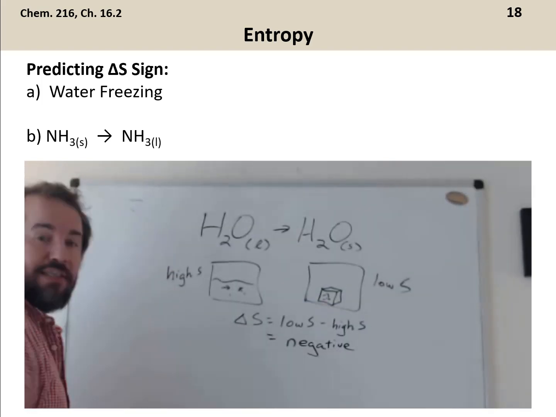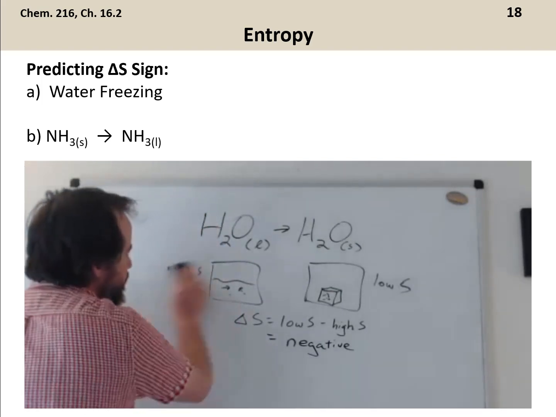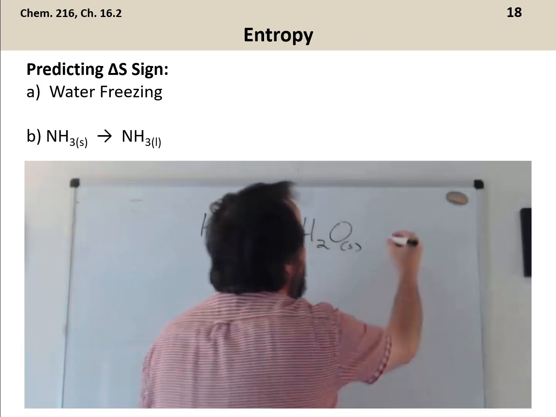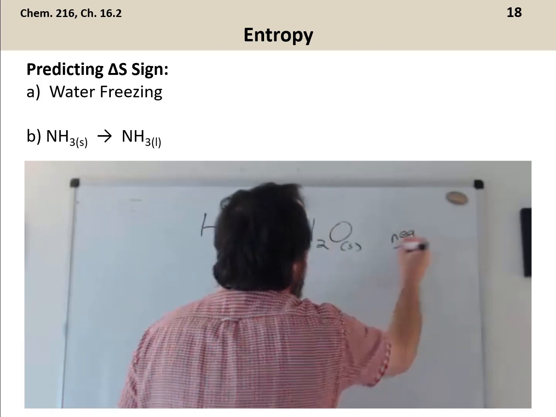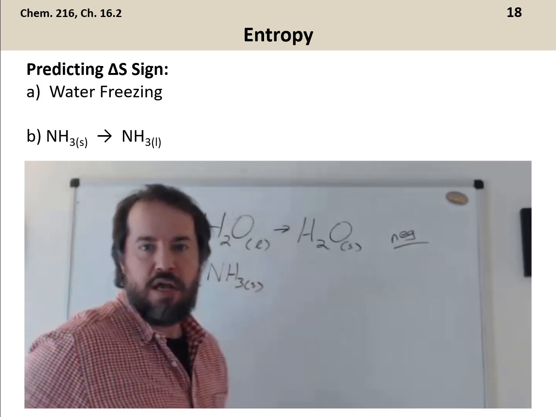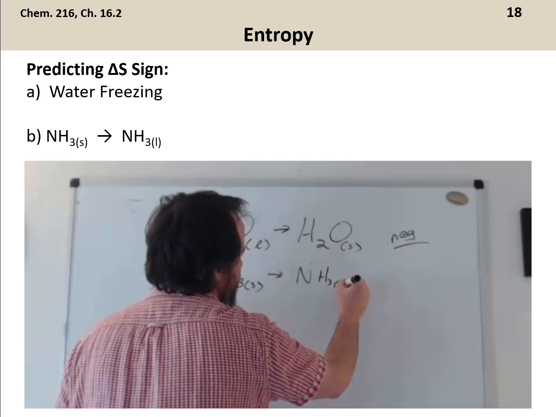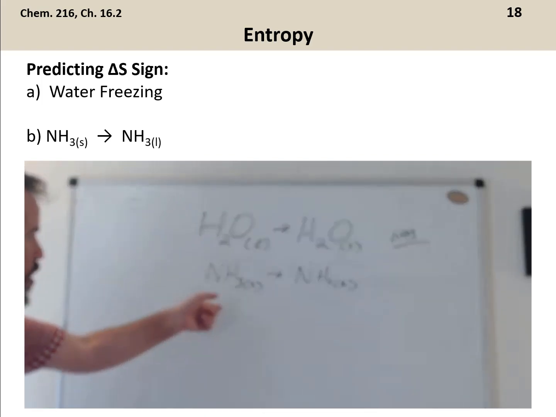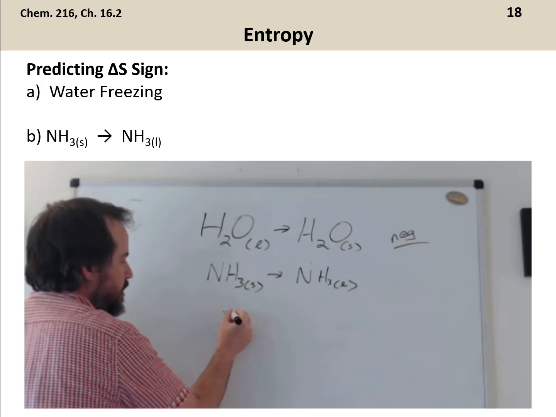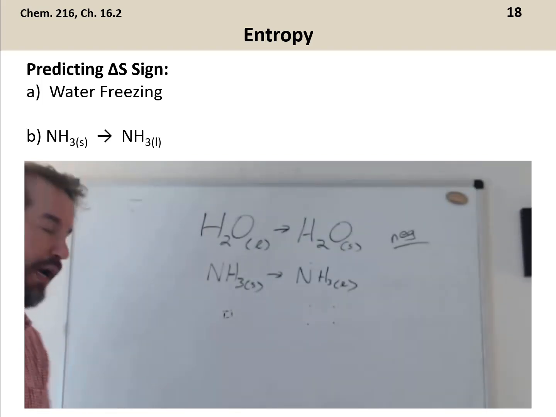Let's do one other example. Let's say we're going from NH3 solid to NH3 liquid. In this case, we're going from something very organized to something more disorganized.